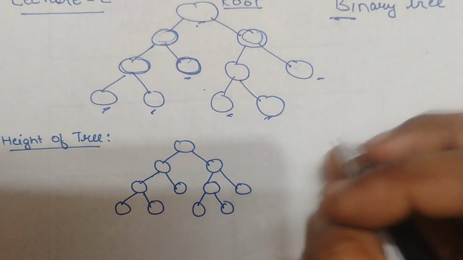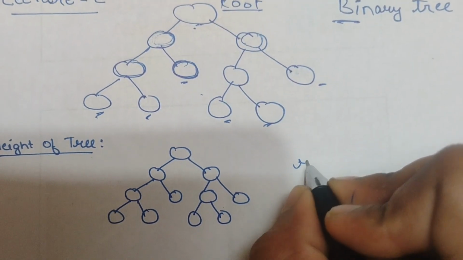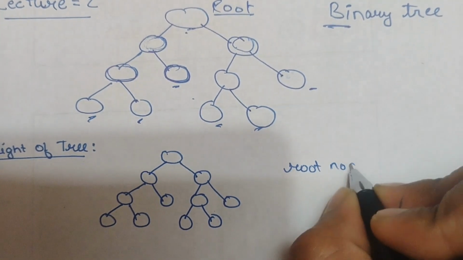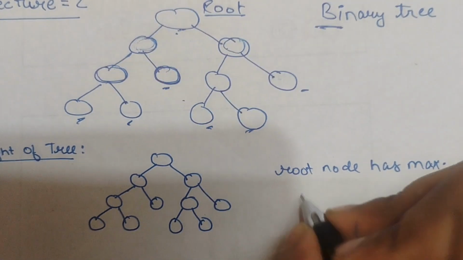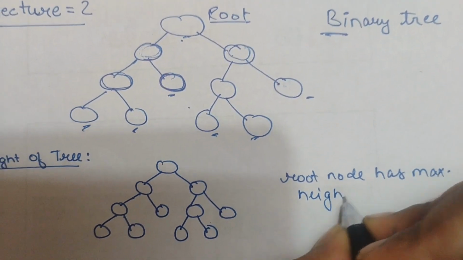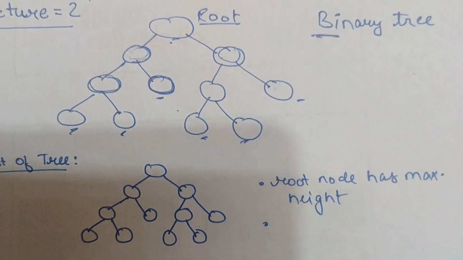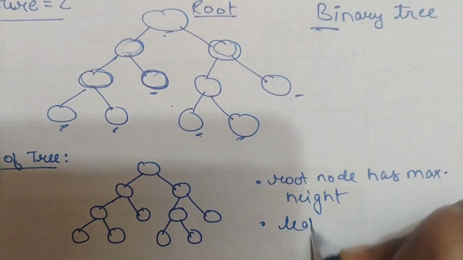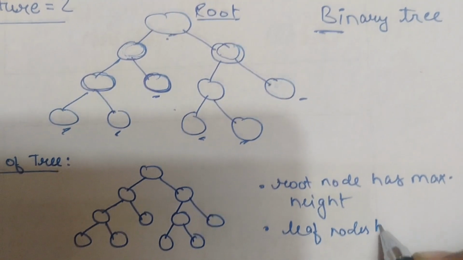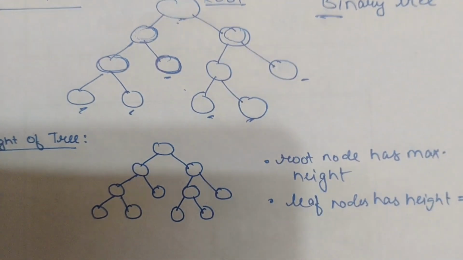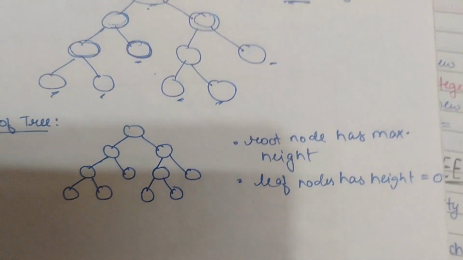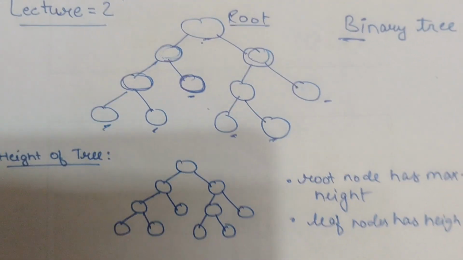Here in binary tree we say that the root node has maximum height, and the second point is the leaf node has height 0. So using these two characteristics we'll find the height of this tree.